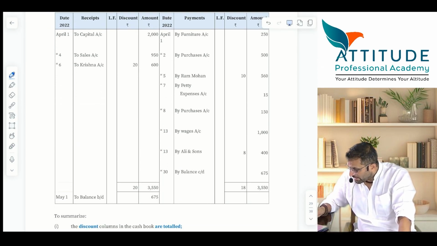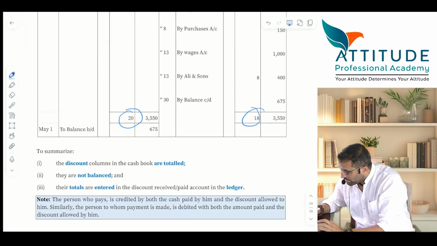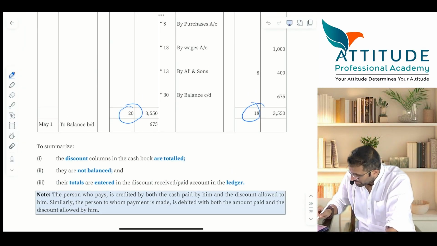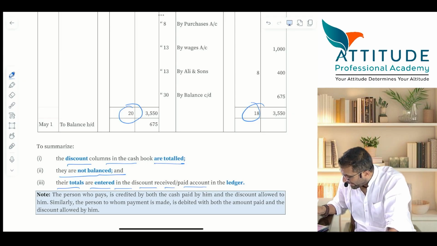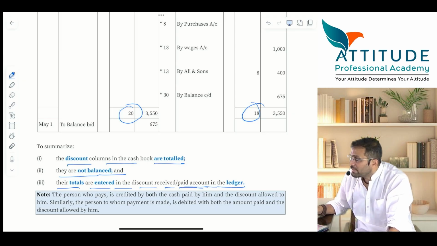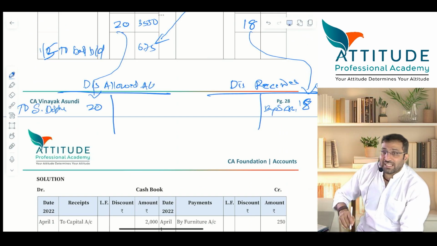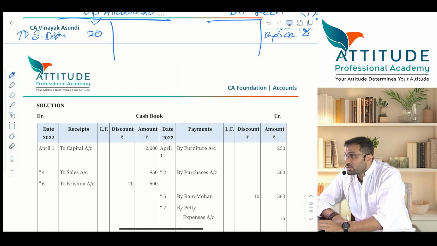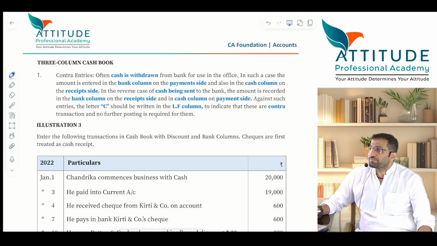Look, it is the same, here 20 is written, here 18 is written, correct? Yes or no? See this, the discount columns in cash books are totaled, they are not balanced, and their totals are entered in discount received and discount paid. That is allowed in the ledger, which I have already shown you here, how it is allowed, how it is taken. Is that clear? Understood? Any difficulty?